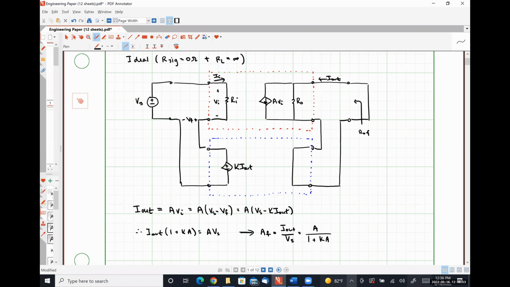In order to determine our input resistance with feedback, so that would be this quantity here, RIF, we're going to look at our input loop.